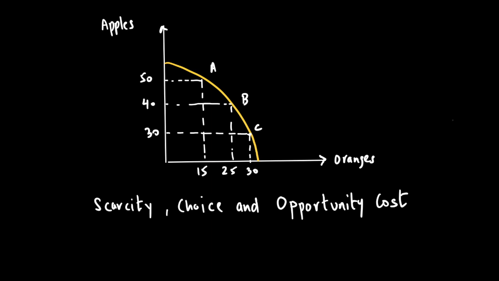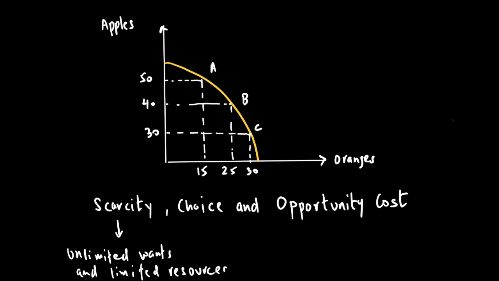Now let's talk about how the PPC shows us the concept of scarcity, choice, and opportunity cost. So what is scarcity? Scarcity is simply unlimited wants and limited resources. Because of this, we know that there are some output combinations that we can't produce. In other words, some output combinations would be such that we do not have the resources to produce. They will be what we call unattainable.